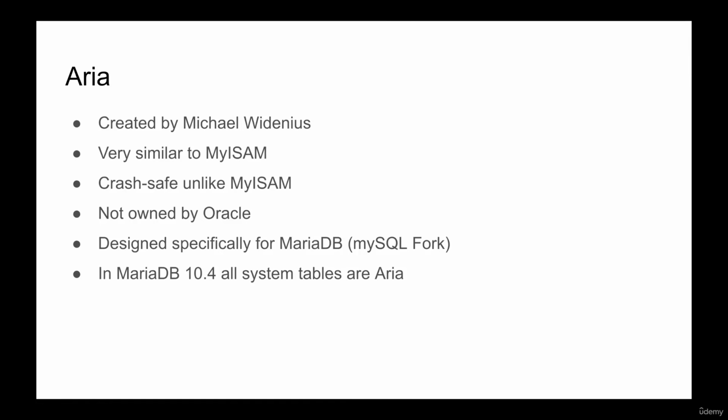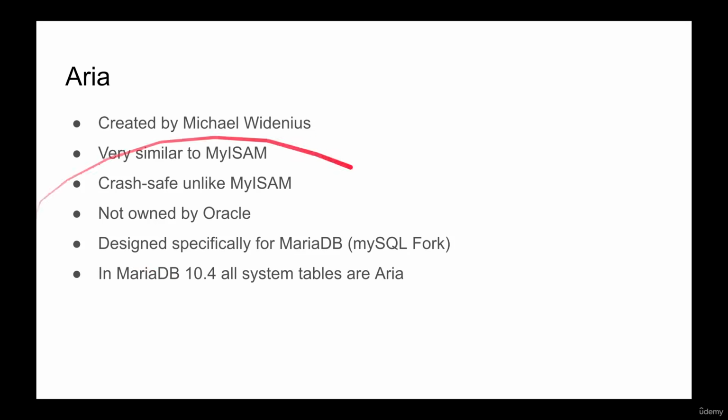Aria. So there's this guy called Michael, I'm going to butcher his name, Widenius. Monty, I think they call him. I think he's the creator of MySQL. He's the first one who created MySQL. So he created MyISAM. He created InnoDB, all that stuff.